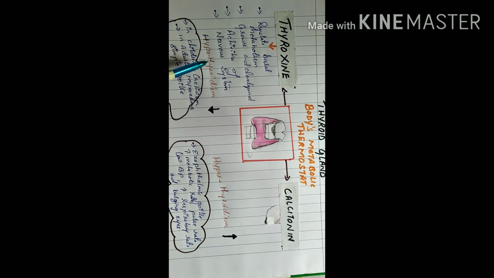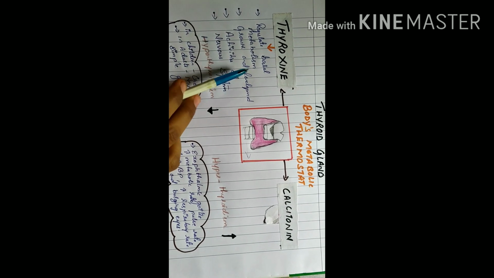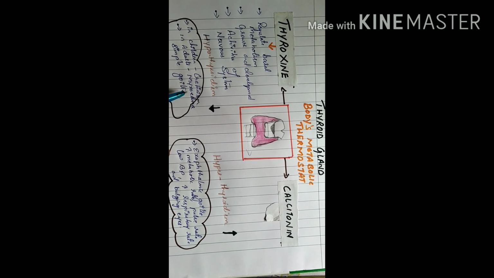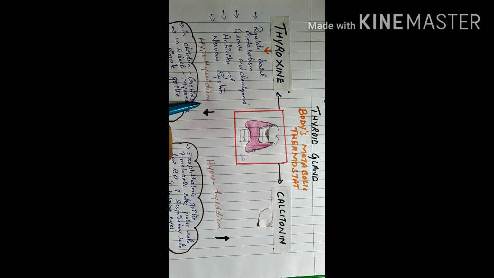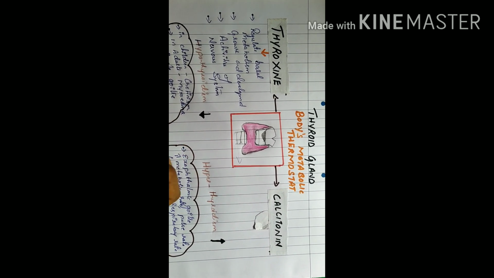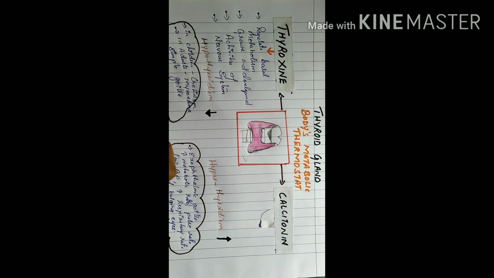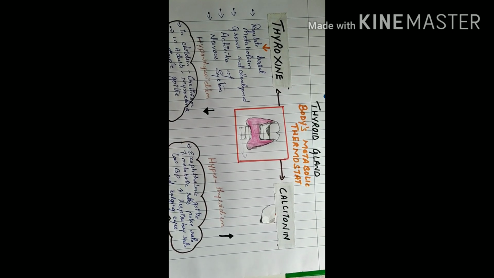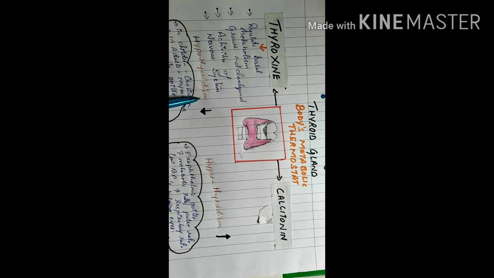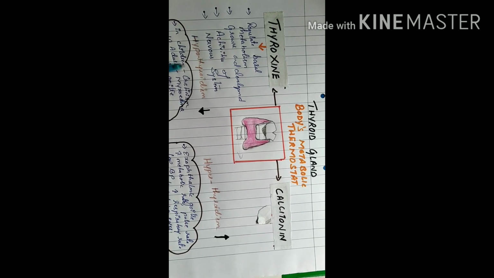During the secretion of thyroxine hormone, if the secretion takes place above or below the minimum level required, it leads to hypothyroidism and hyperthyroidism.